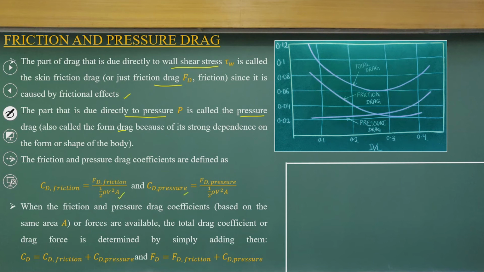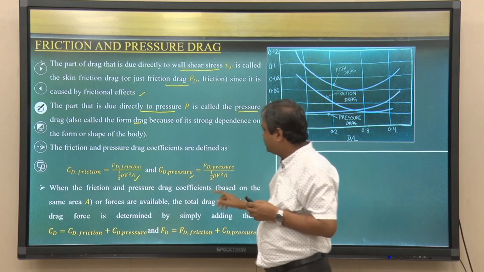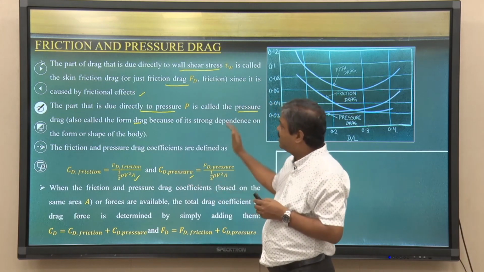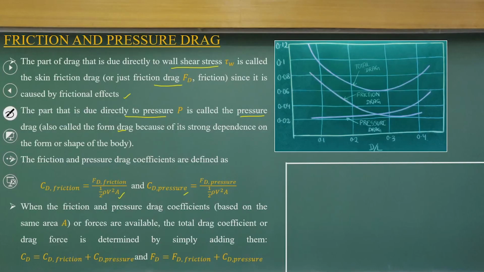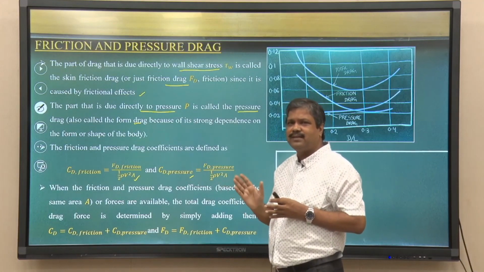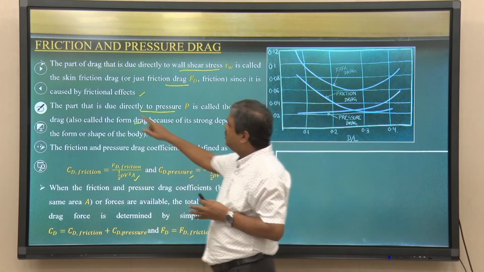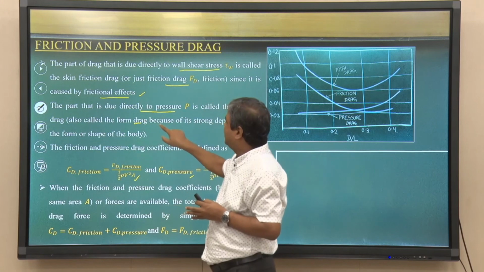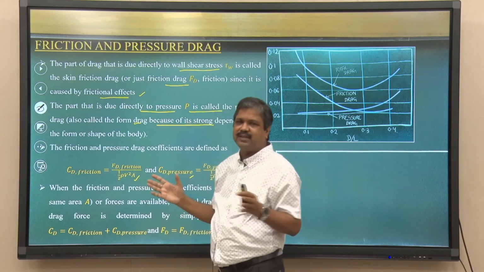So, C_D friction and C_D pressure. So, the friction and the pressure coefficients are the components of the drag force. Lift and drag force components we consider in the flow direction and perpendicular to that. But in this case we divide it depending upon why it is happening, because of pressure and because of friction separately.